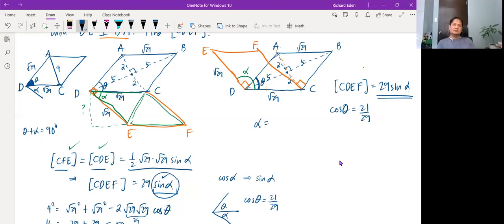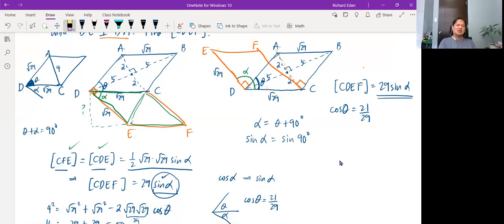Theta is alpha minus 90. There are still co-functions, so theta plus 90 degrees is going to give you alpha. So we are interested in the sine of alpha, in other words, the sine of theta plus 90 degrees.